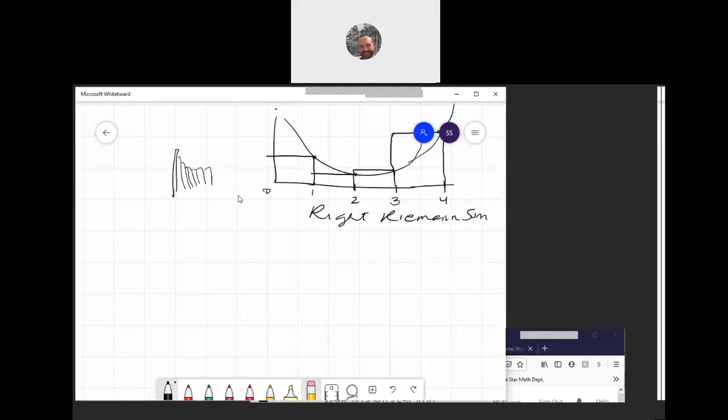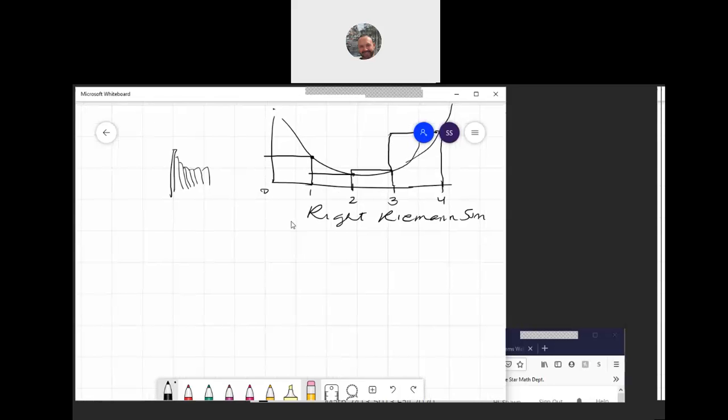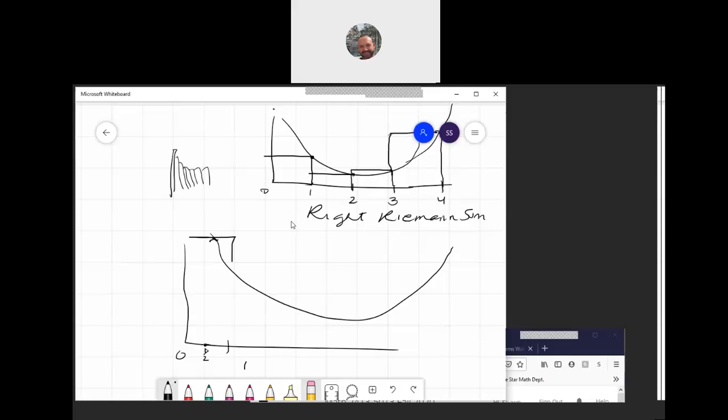Then you got your midpoint Riemann sums. Those are more accurate. Okay, so instead of going from the endpoint 0, 1, you pick right in the middle and go up to the graph. So if I've got 0 to 1, I'm going to pick 1/2 and then go up to the graph. I'll have a rectangle drawn like this.